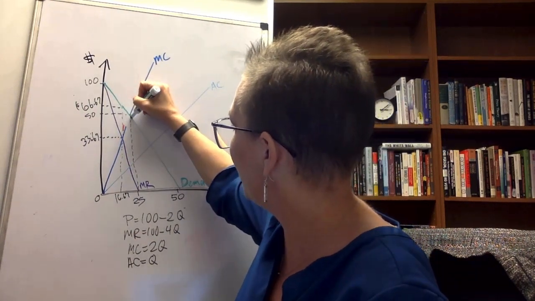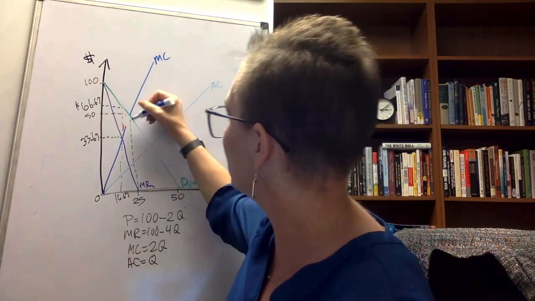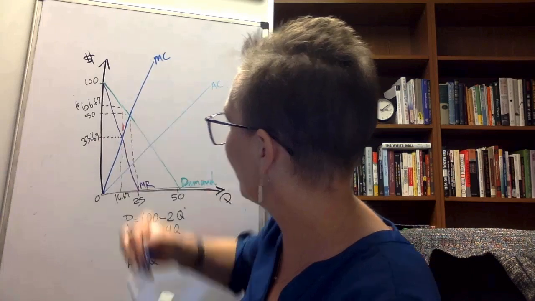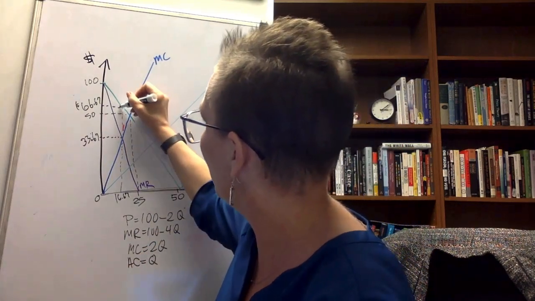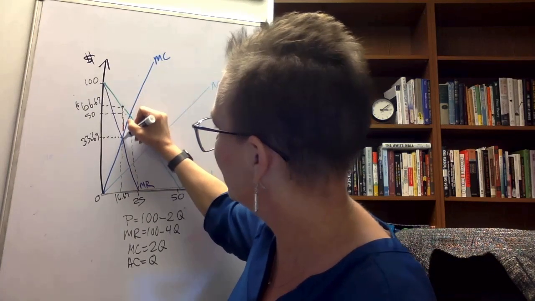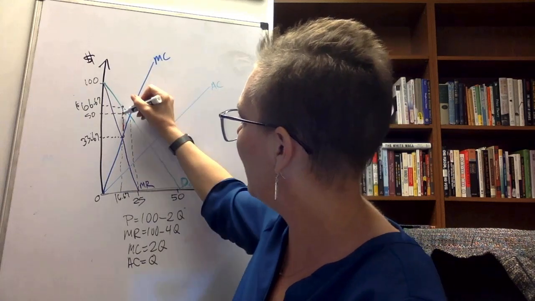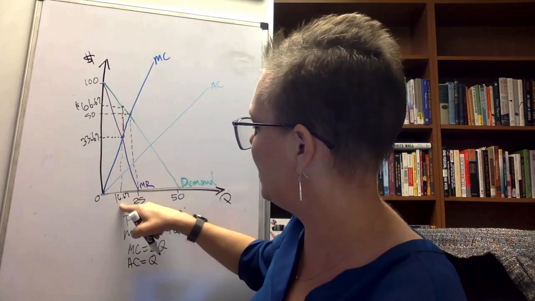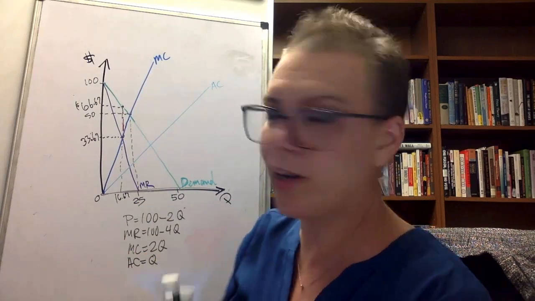And so what we need to find is the area of a triangle that has a base that runs from $66.67 down to $33.67, and a height that goes from $16.67 to $25. That's the triangle we're trying to find the area of.